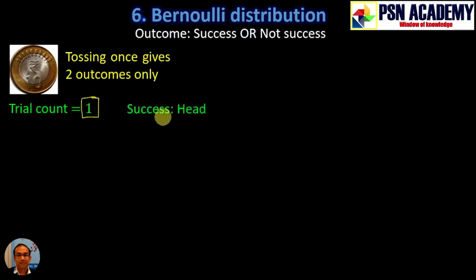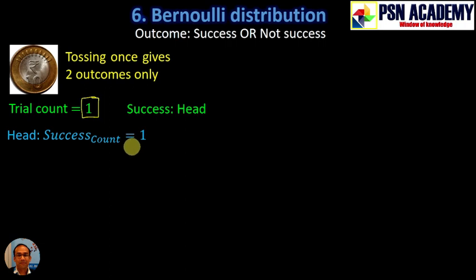Now, success is defined as head. You have to define your success. In this example, we are considering head as our success. In your example, you may have tail as your success according to your requirement, right? For head, we say the success count is 1.